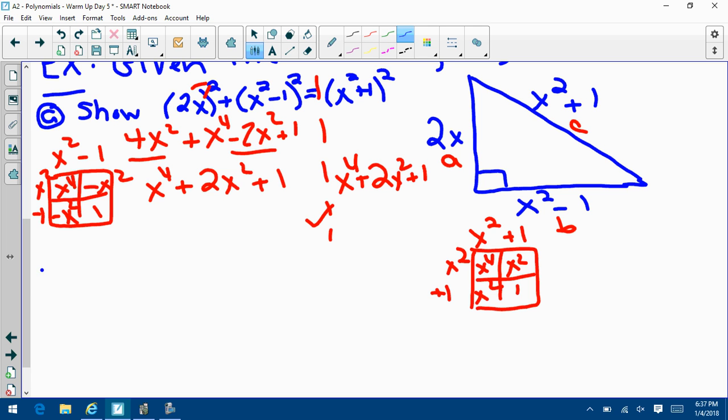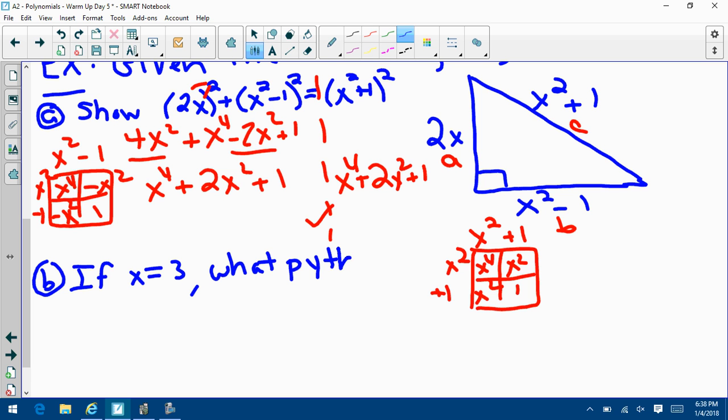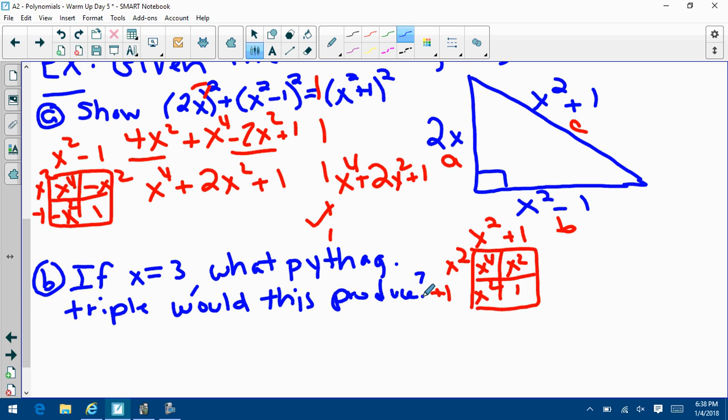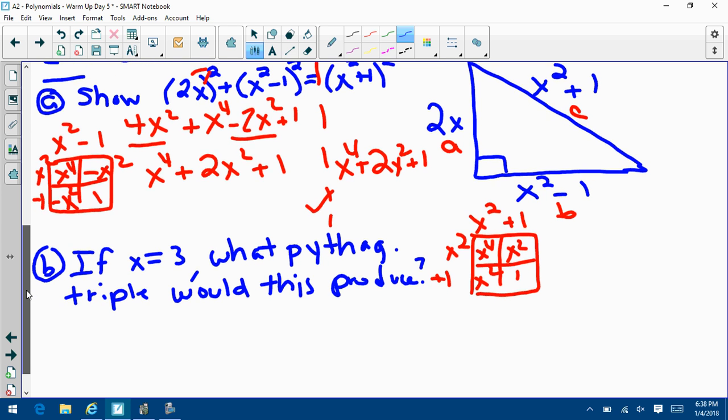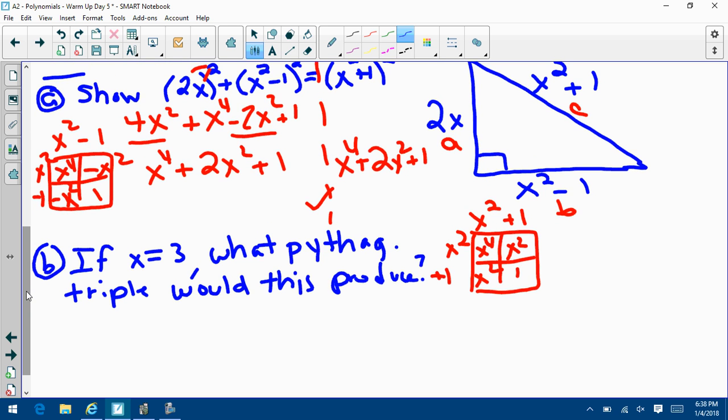Okay, part B. If x equals 3, what Pythagorean triple would this produce? Okay, so this isn't all that hard either.